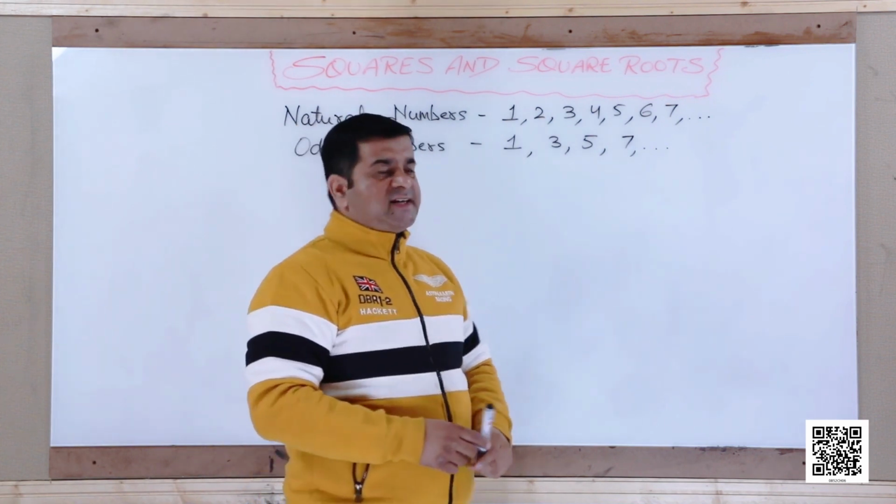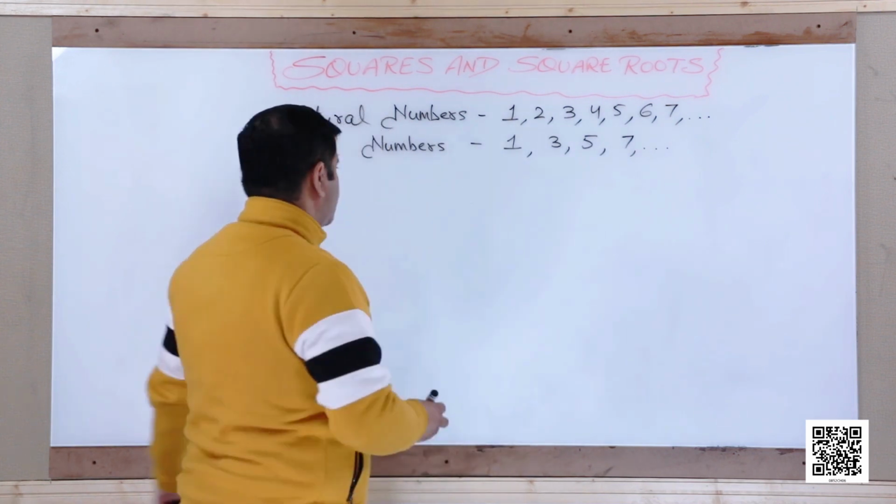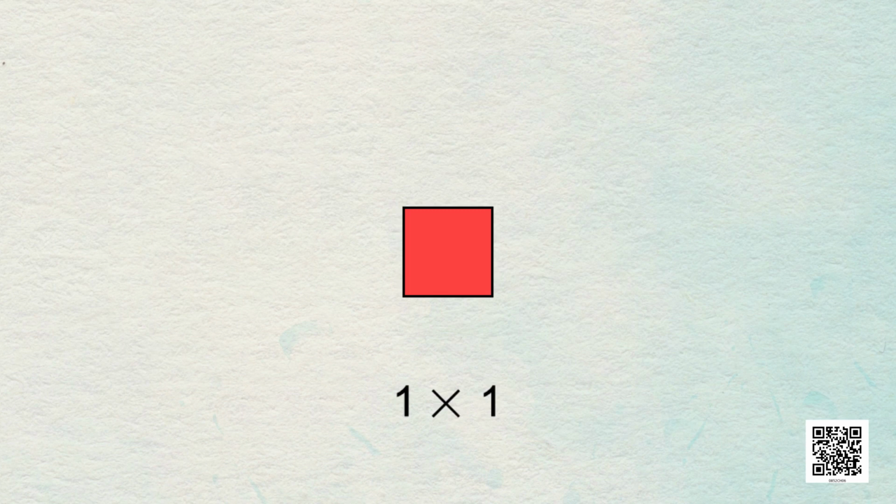Now, let's take the first natural number, that is 1. So, we take 1 square like this, and you know the second odd number is 3. So, what do we do? We add 3 squares with this 1 square.